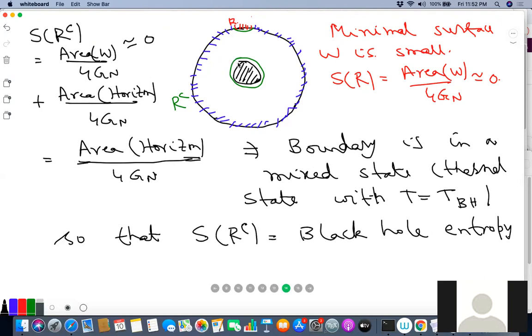Yes. But quantum effects. It's not a classical formula. There are quantum corrections to this, for example the logarithmic corrections, proportional to log of area. Those are quantum corrections to the black hole entropy.